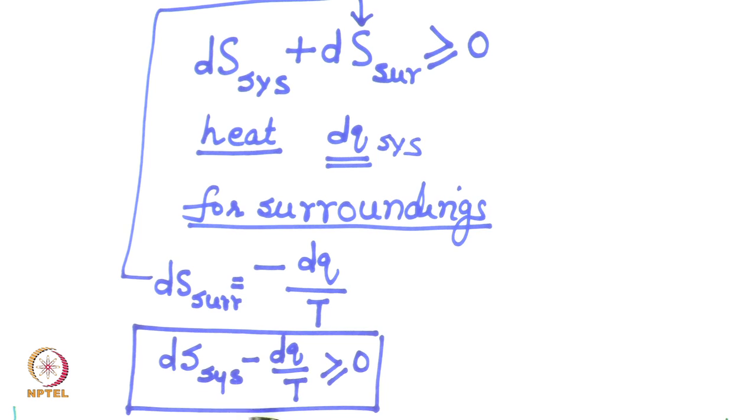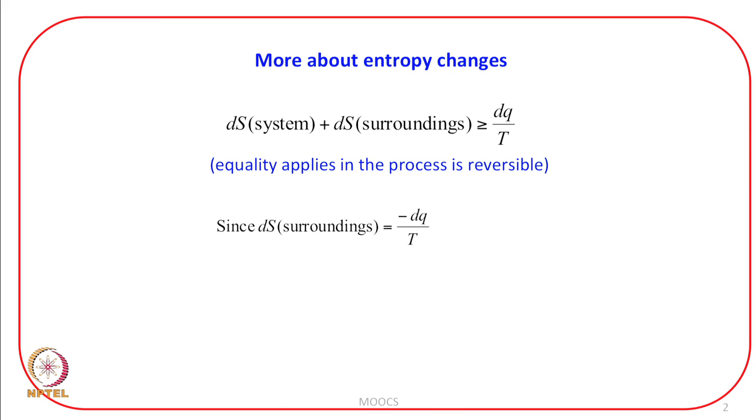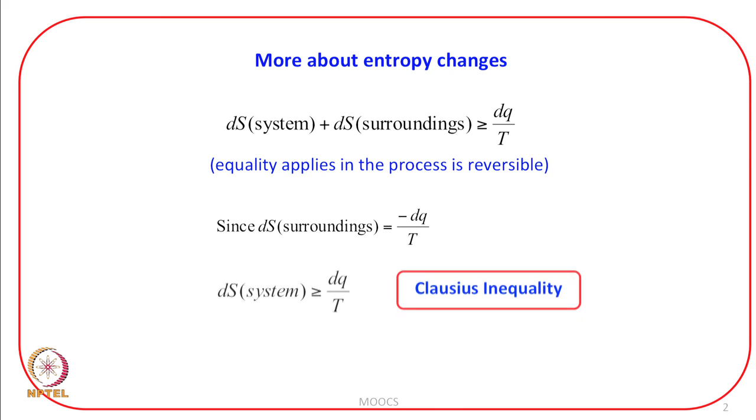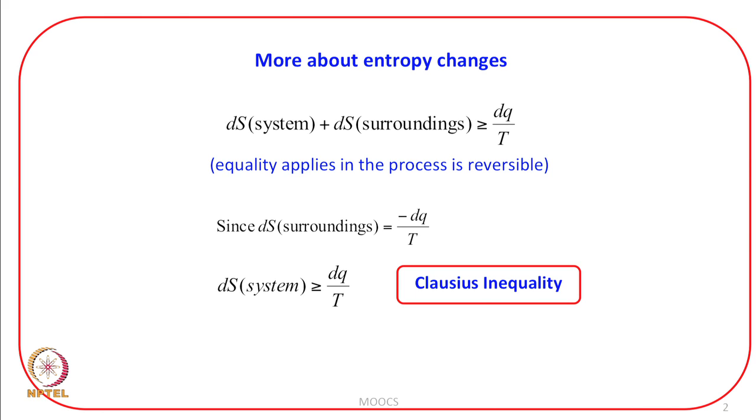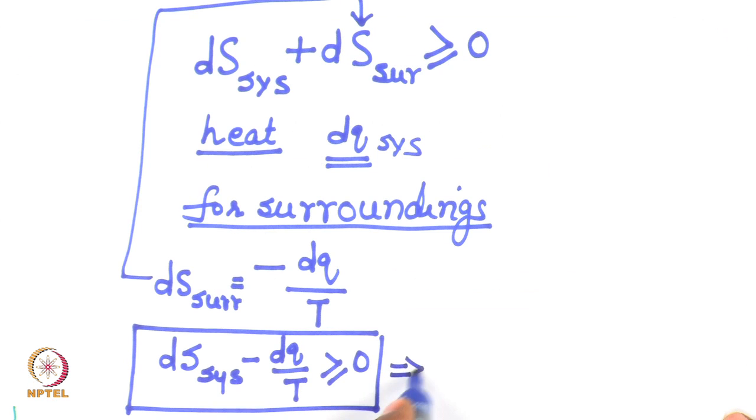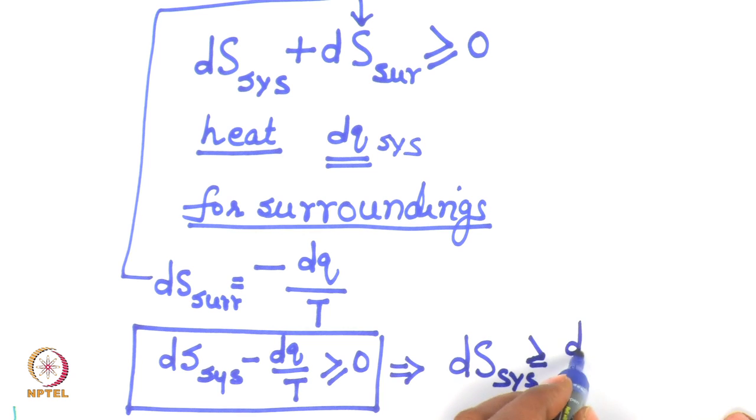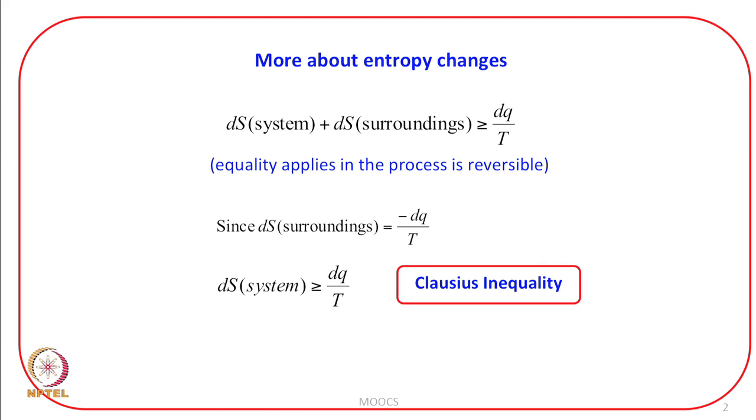Now, if I rearrange this equation, I get dS system is greater than or equal to dq by T. That is what is mentioned on the slide, and this is called Clausius inequality.